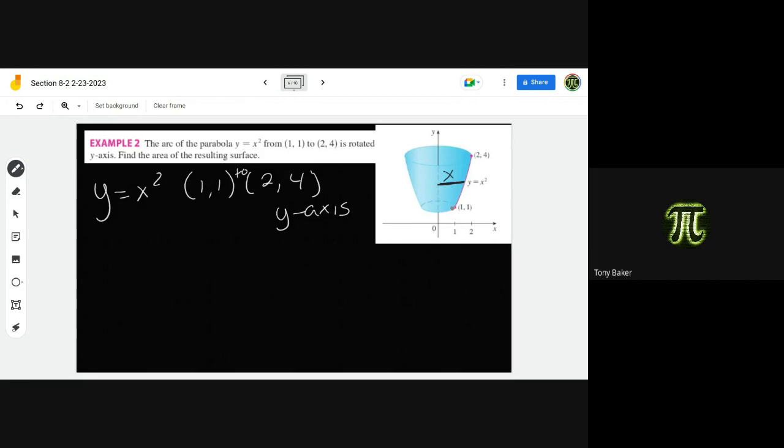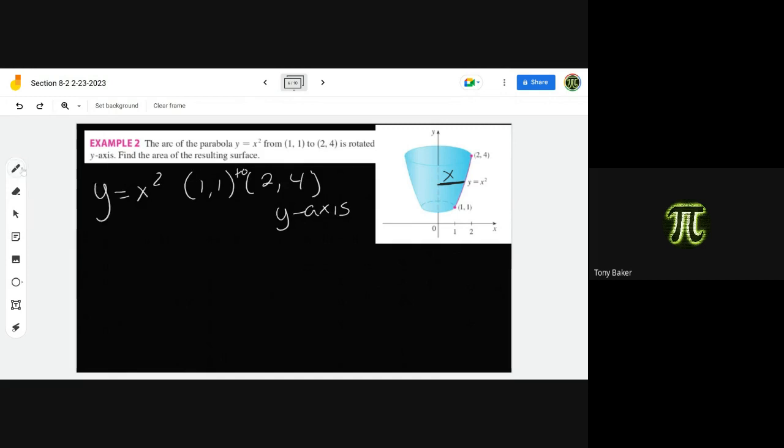So I could still start at 1 and go to 2, and I would still get the arc length of that line, which is all I care about when I'm rotating. So you don't have to solve this to get x equals. We can actually just use the radius as x. My function is still going to be f of x. When I plug it in, I'm still going to do the exact same process. Changing it over actually is going to make your life harder in this situation. You should still get the same answer, just more work.